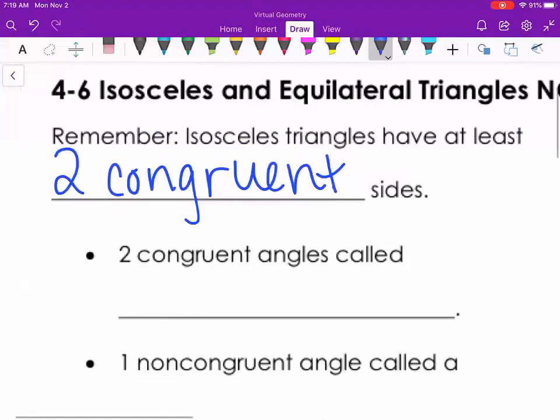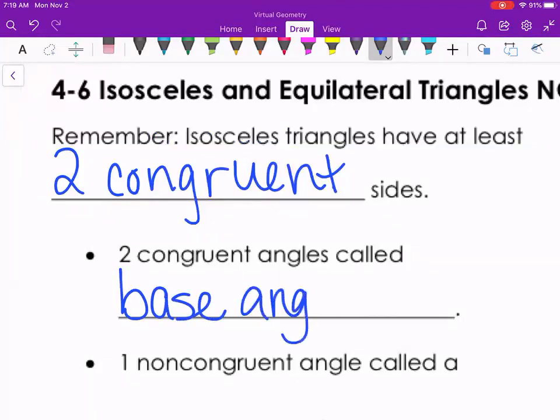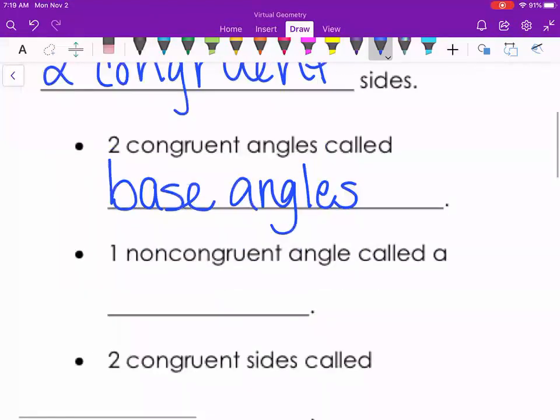Outside of the two congruent sides, we also get two congruent angles that are called base angles. The third angle, the one angle that is not congruent to the other two, is called a vertex, or your vertex angle.